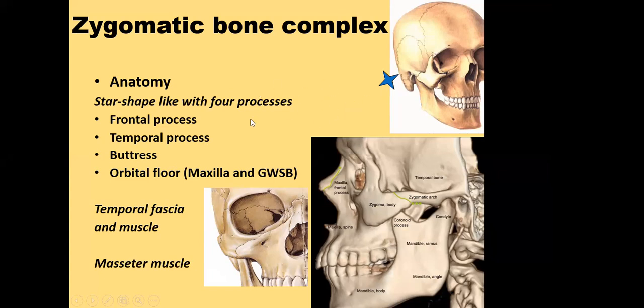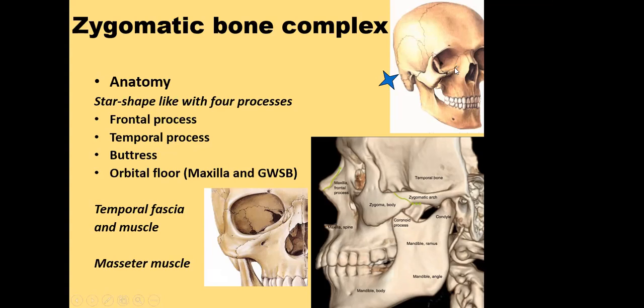We did the 4 processes, which are the frontal, temporal, the buttress, then the orbital floor. This is the orbital ring, but you see the infraorbital ring has these 2 components here.